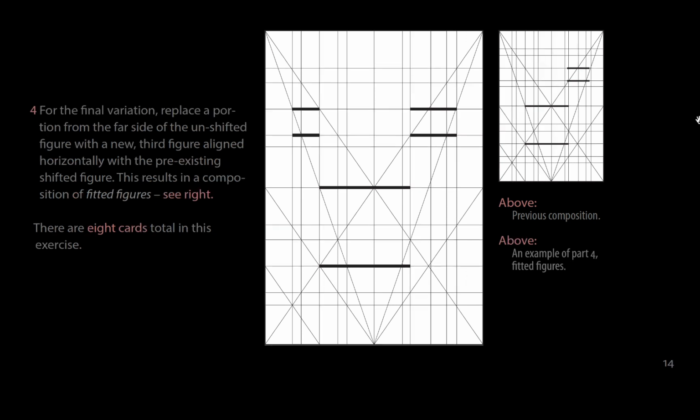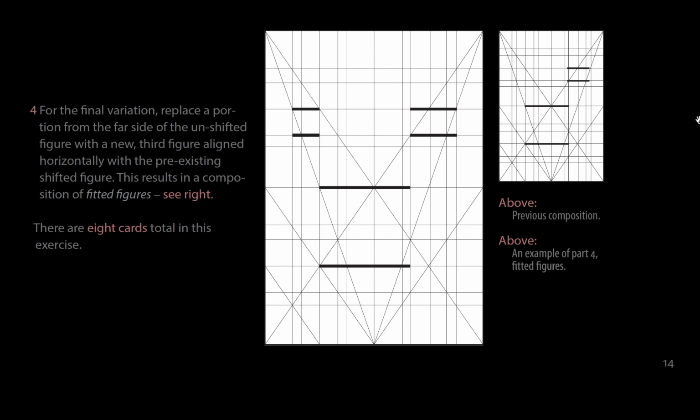And then for the 4th step, you are going to have fitted figures, meaning that you're going to add back a portion to the shifted figure. So in the top right, you have the sheared figures, and then in the larger image, you have the fitted figures.